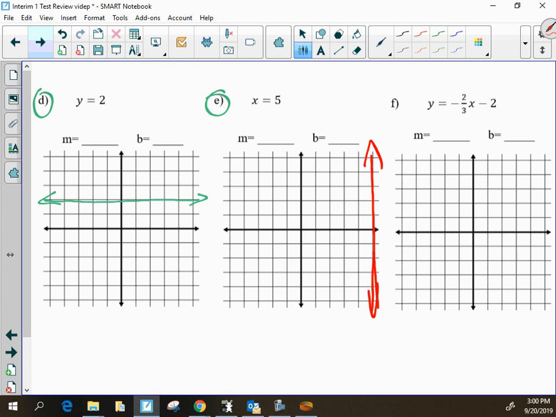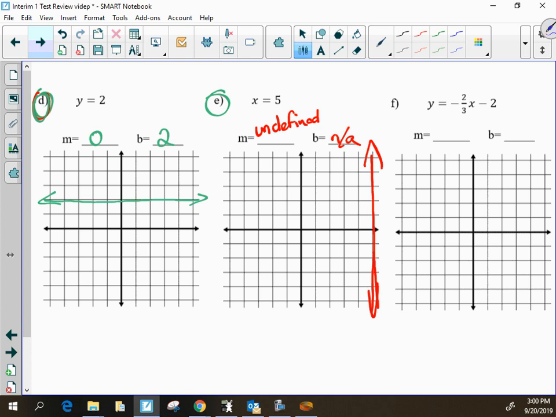So for this one, for D, the slope is 0 and the y-intercept is 2. For E, though, on a vertical line, the slope is undefined and the y-intercept is not applicable because the line never crosses the y-axis.